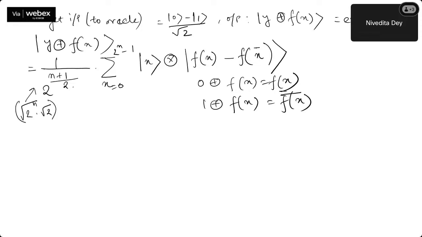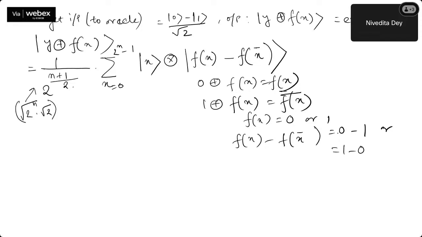And how are we getting this? We are getting it because we have a k0 minus k1 thing. So if f of x is equal to 0 or 1, then f x minus f x bar is represented by 0 minus 1, or vice versa, 1 minus 0.